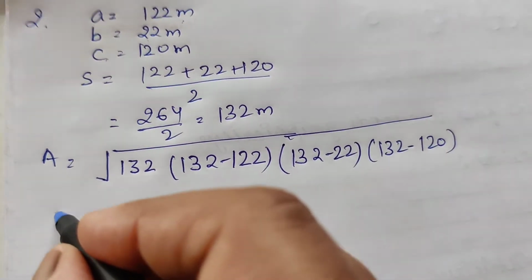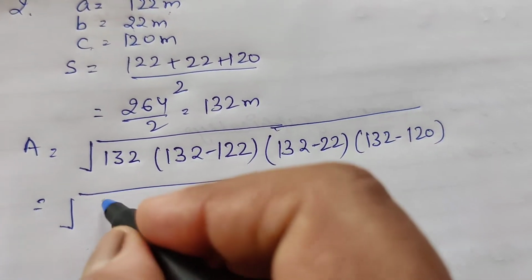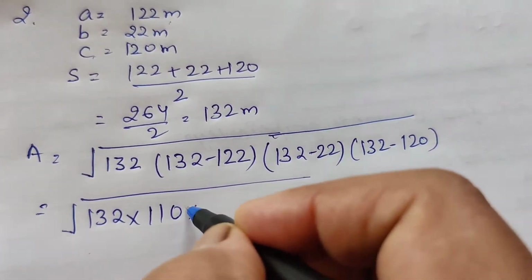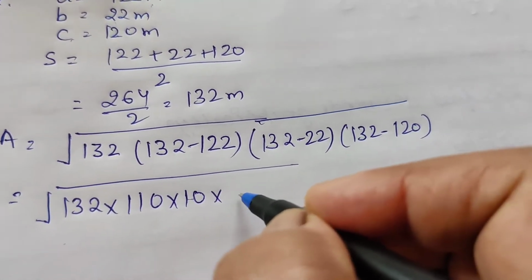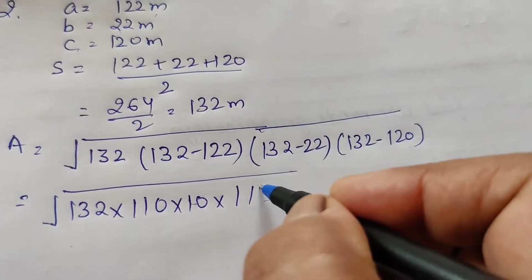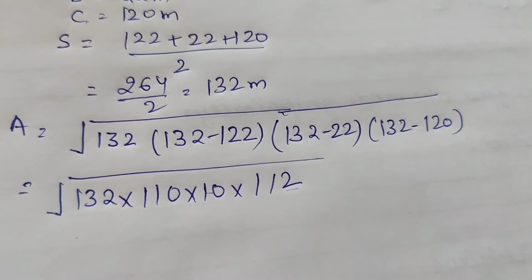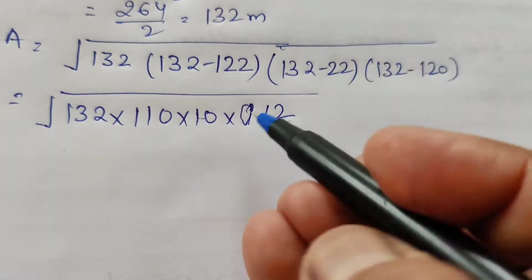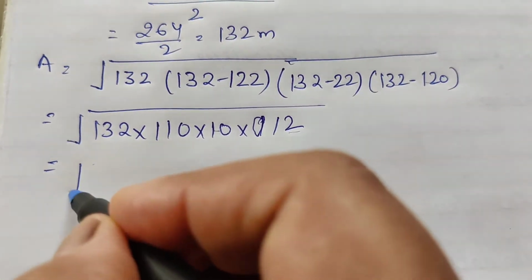Okay. Now solve. 132 into 10 into 110 into 12. Now factorize.